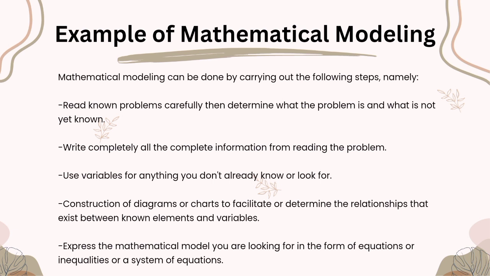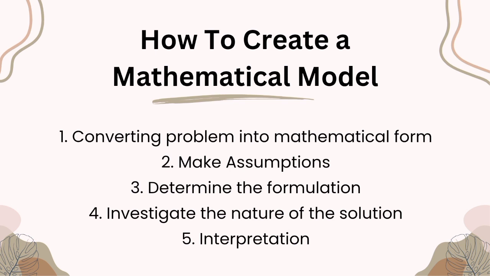Fourth, construct a diagram or chart to facilitate or determine the relationship that exists between known elements or variables. The last one is express the mathematical model you are looking for in the form of equations or inequalities or a system of equations.